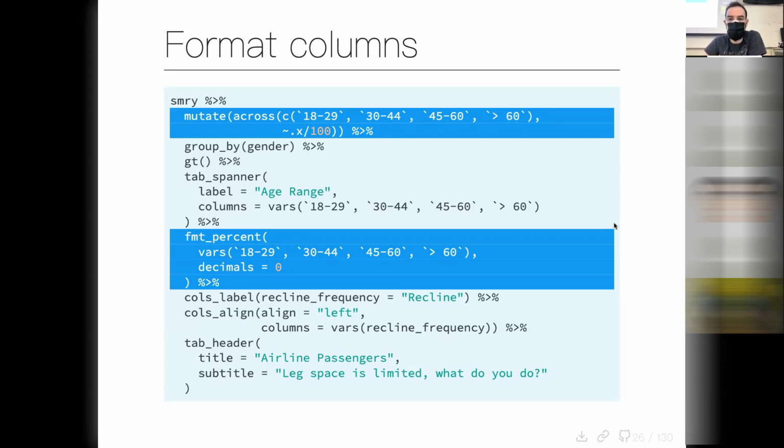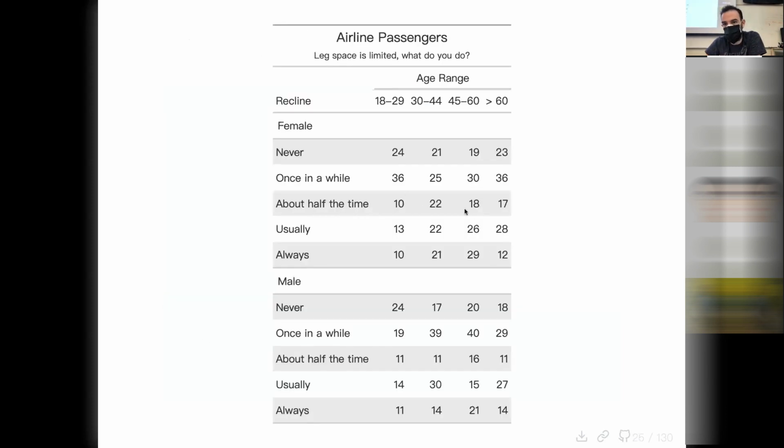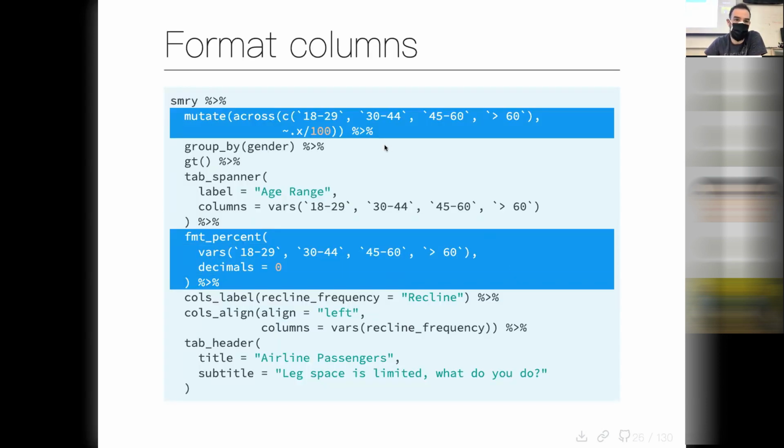What I kind of wanted to do here is, at this point, these are all numbers, raw numbers, right? Which is fine. But maybe instead of showing the numbers, I want to actually show the percents. Okay, the percentage of people. So notice in my summary here, I'm going to mutate across these columns and I'm going to say whatever that value is, just divide it by 100.